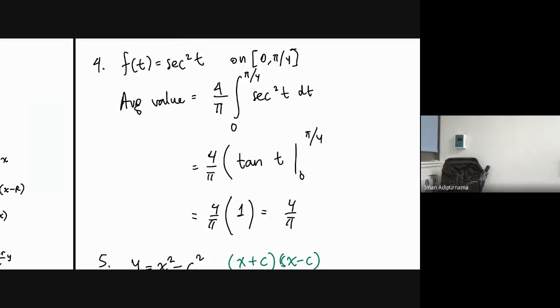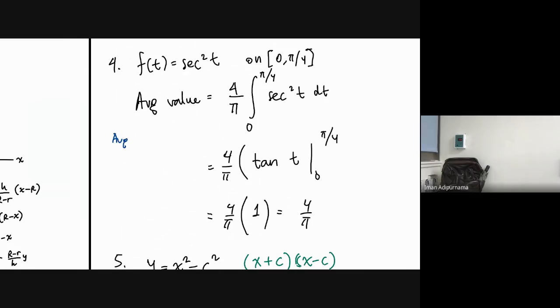So the average value is 1 over b minus a, integral from a to b of f(x) dx. So from our question, b minus a, we get 0 and pi over 4. So we get 4 over pi here.